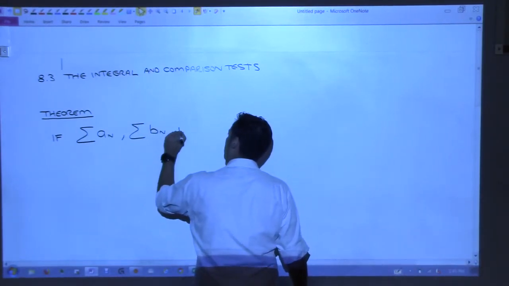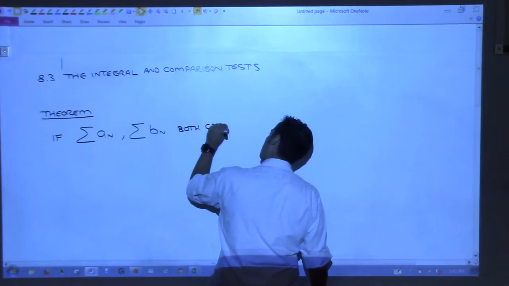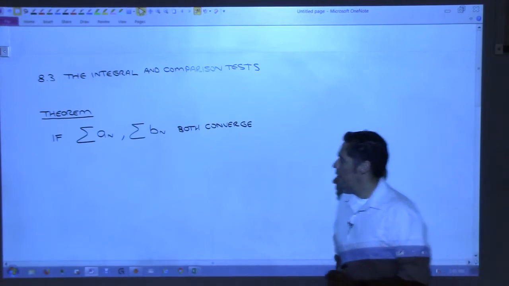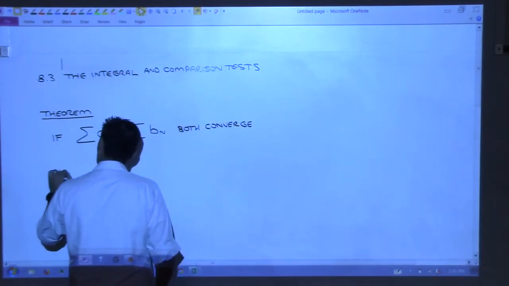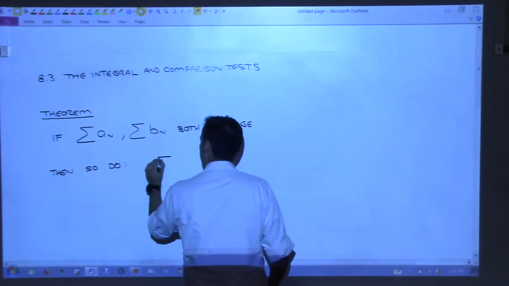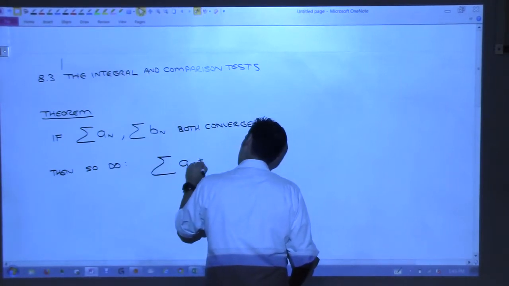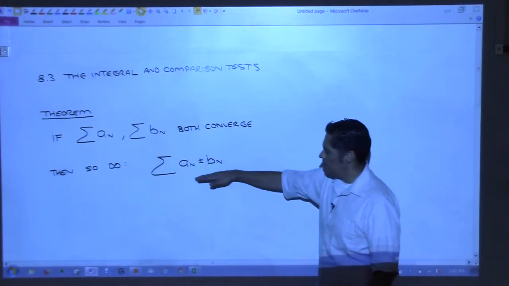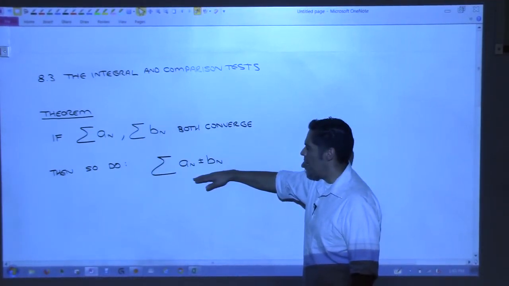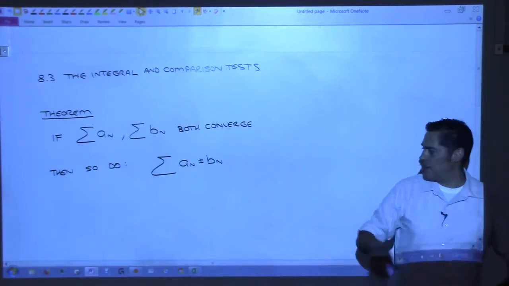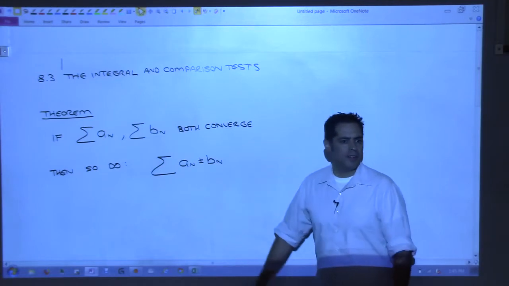If these series both converge, then so do this one. So what is this telling me I'm allowed to do? If I have two series that converge, I can put them together into a new series with addition or subtraction, and that series will also converge.